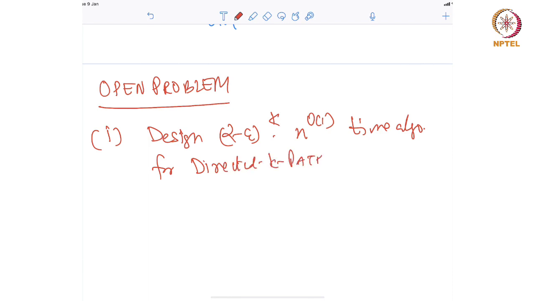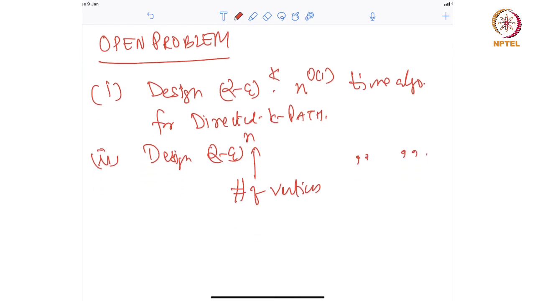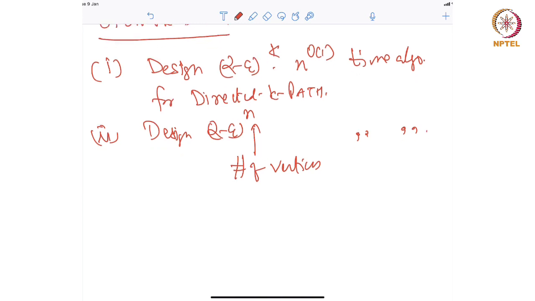In fact, what is also not known is to design a 2 minus epsilon to the power n, n being the number of vertices, time algorithm for directed Hamiltonian cycle.